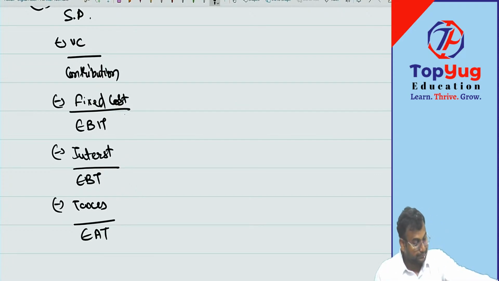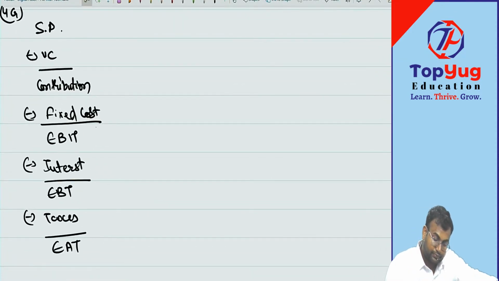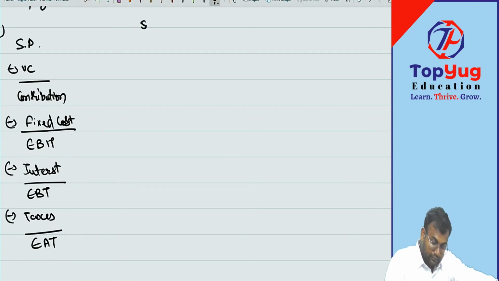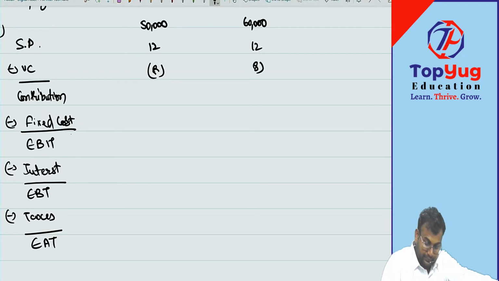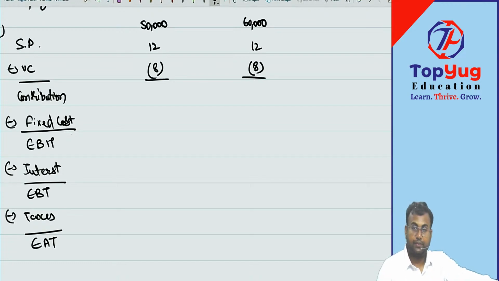Right? Are we all good so far? So at 50,000 units, at 60,000 units. 12 minus 8, 12 minus 8, correct? So 4 into 50,000 would be how much?